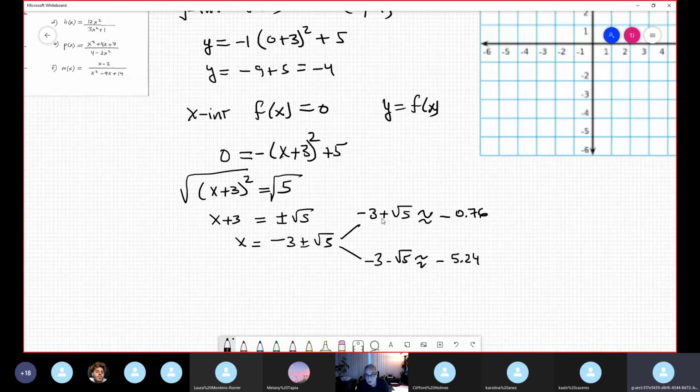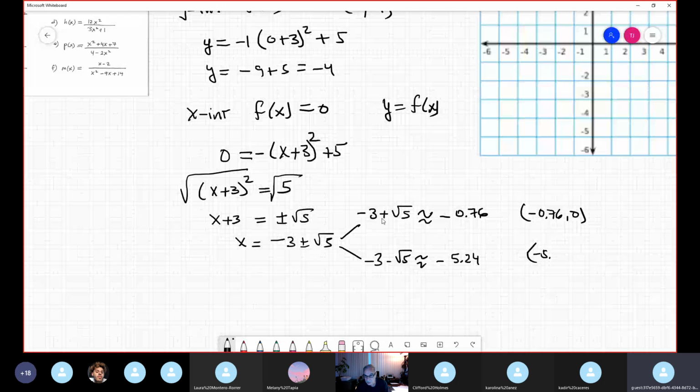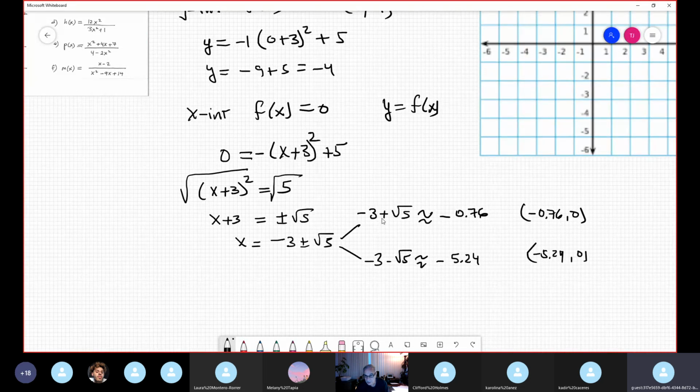So the parabola crosses the x-axis at two points. The points are negative 0.76 and negative 5.24. Remember the idea behind this was, okay, Y is 0.